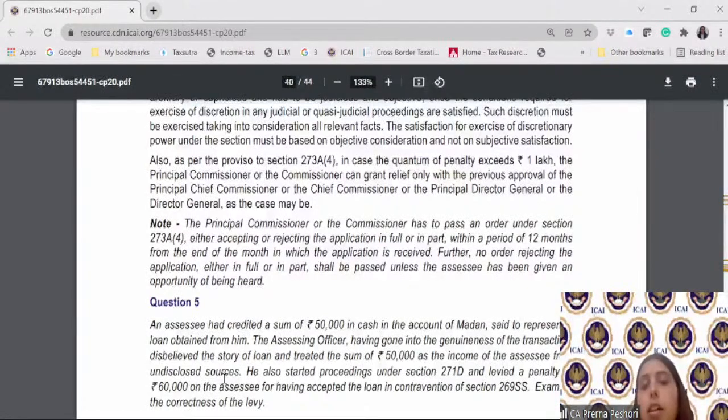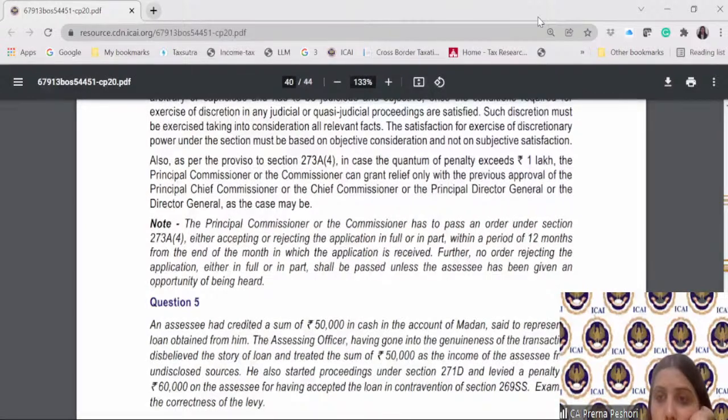He also started proceedings under 271D and levied a penalty of rupees 60,000 on the assessee for having accepted the loan in contravention of 269SS. Examine the correctness of the levy. So you tell me whether the AO is correct in levying the penalty.